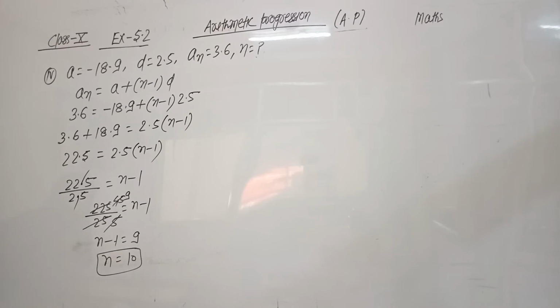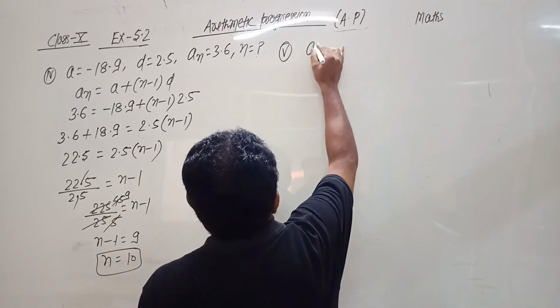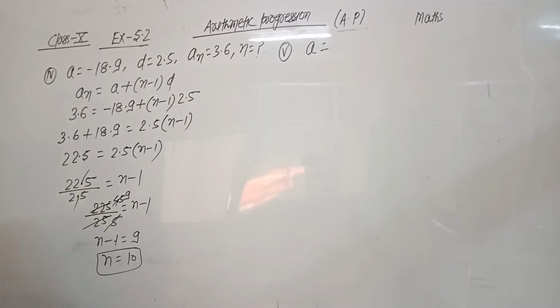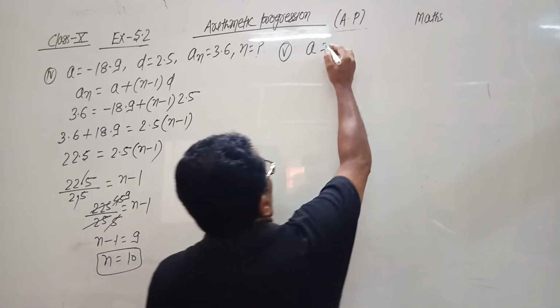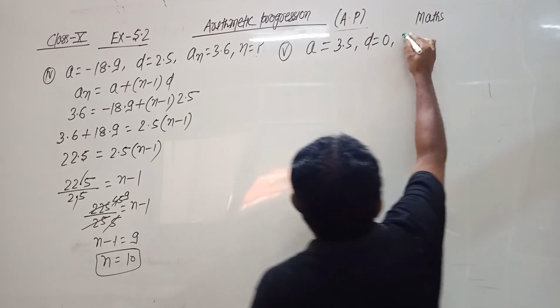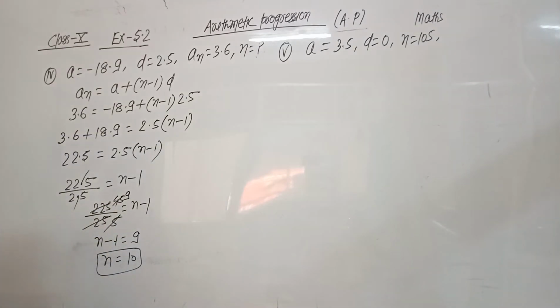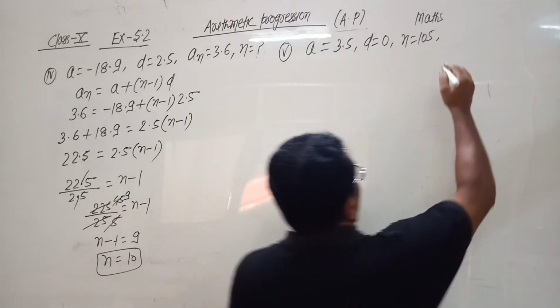Part 5. The value of a is 3.5, d is 0, and n is 105. We have to calculate An.